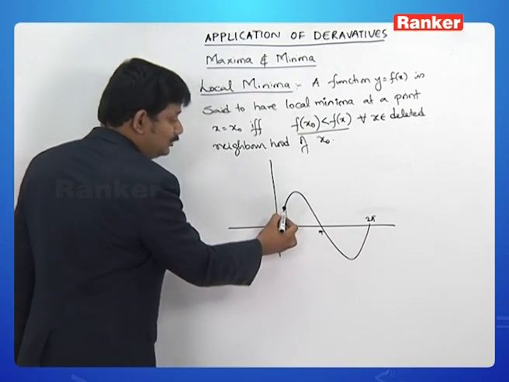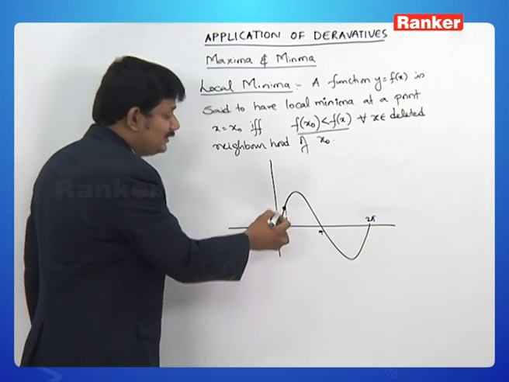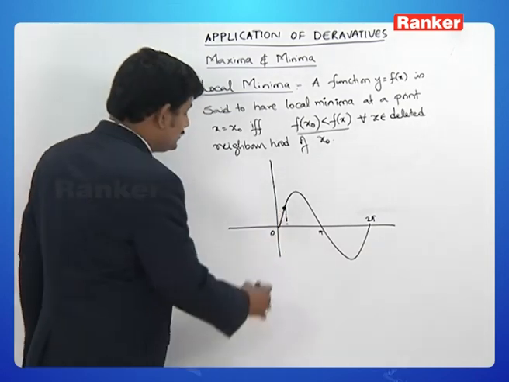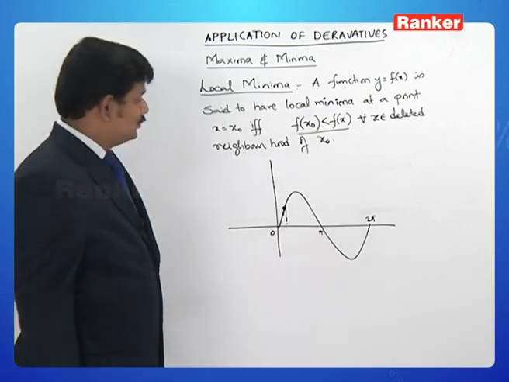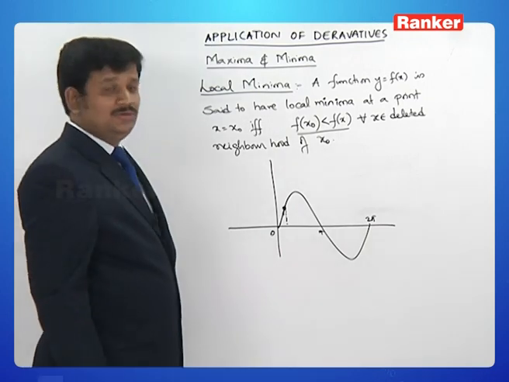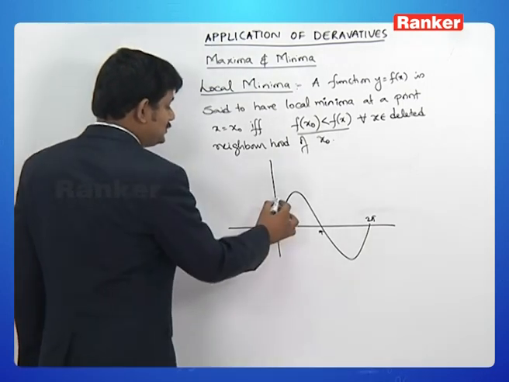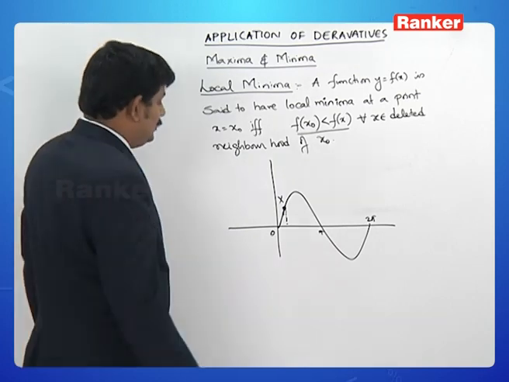But to the left, function values are smaller than f of x naught. So in the left neighborhood, we have a problem with the definition. In the right neighborhood, it's okay with the definition. So this doesn't qualify to be local minima.